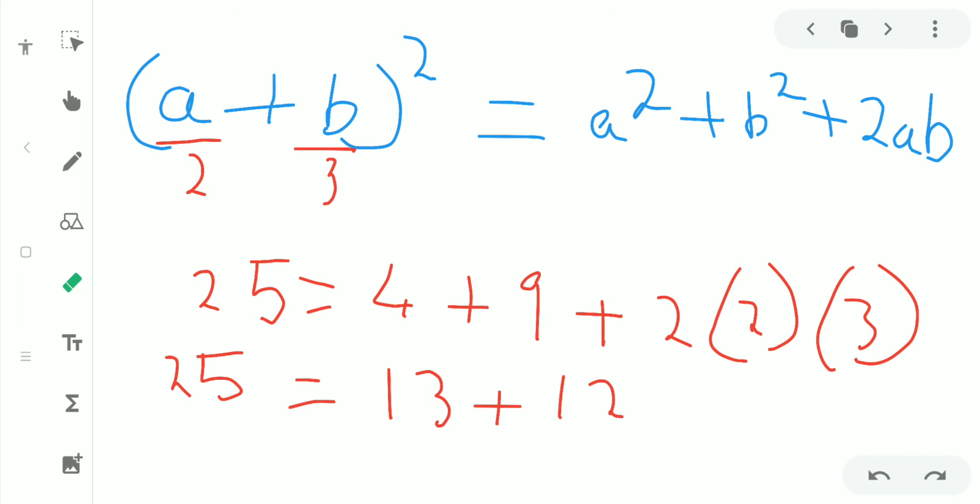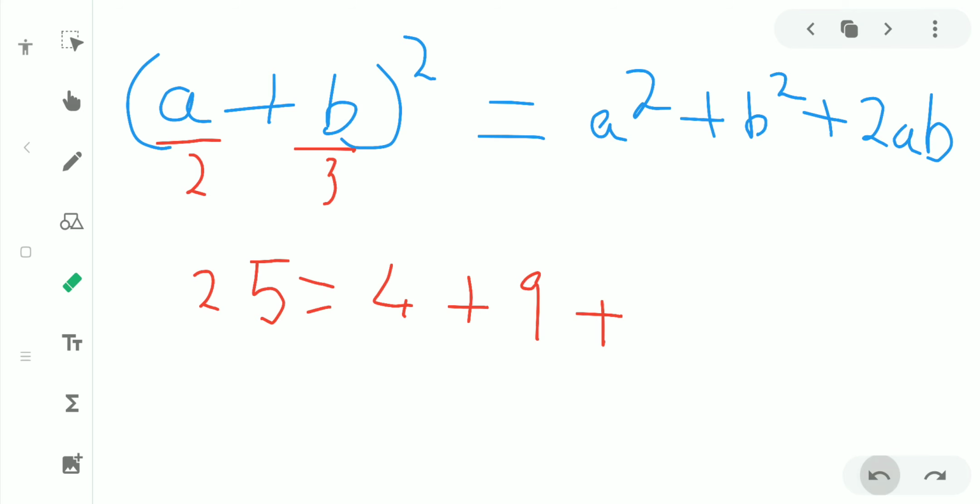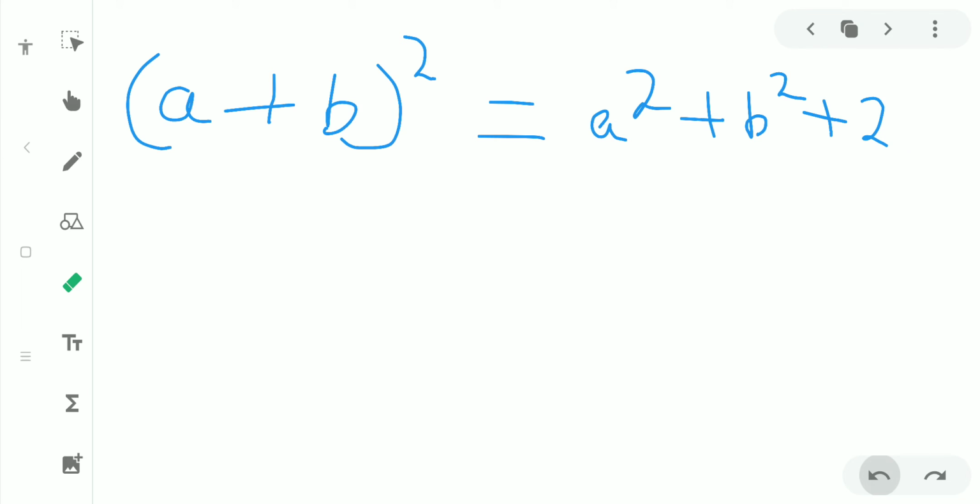So this is our first formula, and I would like to explain you another formula.